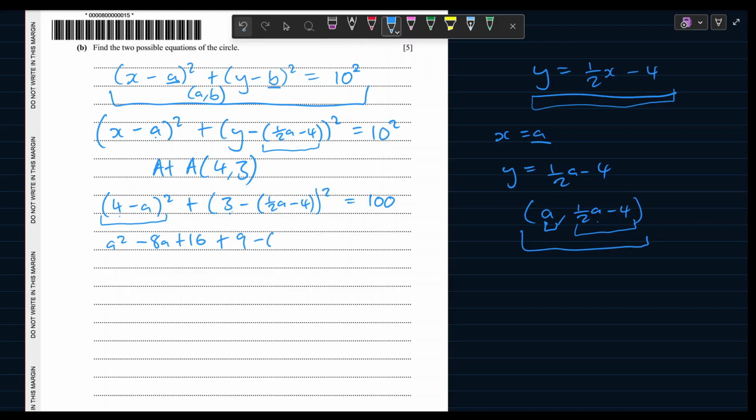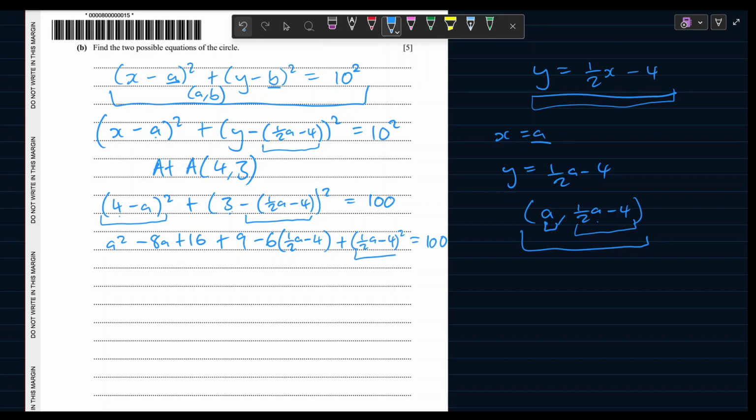So that's negative 6, and then you've got your bracket, half a minus 4. So finally we have to square this, and if you square that, that's going to be half a. Remember, the negative sign will be squared, so it becomes positive. So it's just half a minus 4, and this is squared. This is all equal to 100.